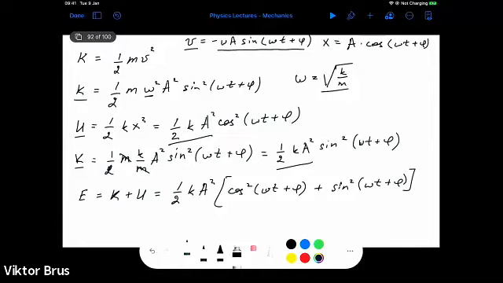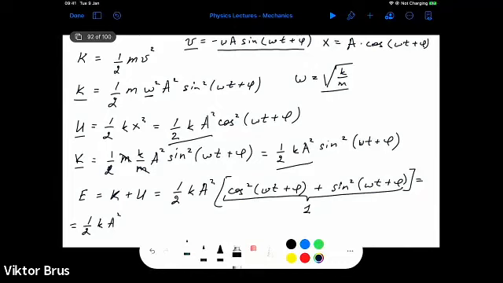So this, from the course of trigonometry, you should know that this is equal to unity, and it means that total mechanical energy of simple harmonic oscillation is a constant of simple harmonic motion and doesn't depend on time. 1 over 2 k a squared.